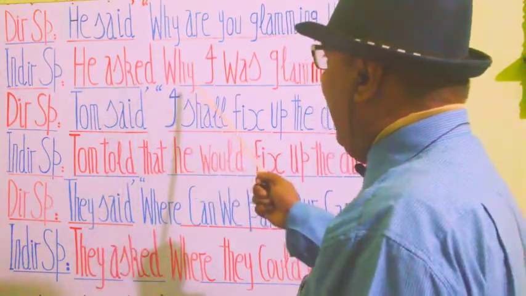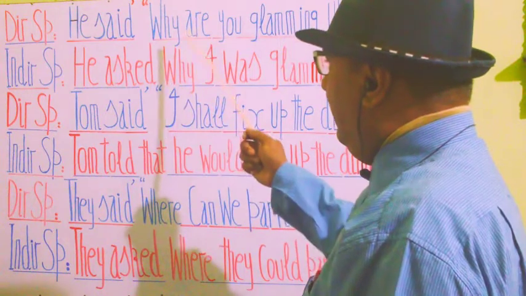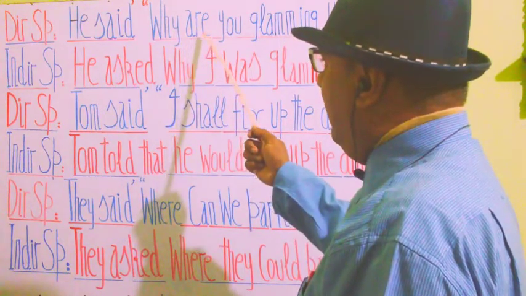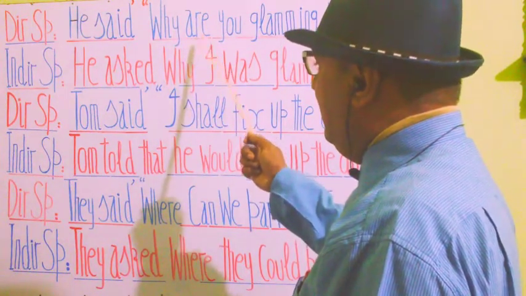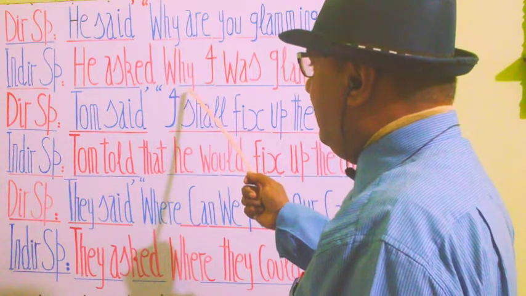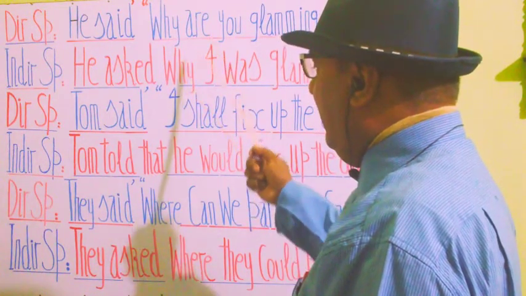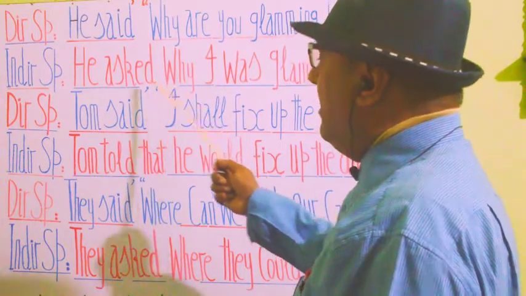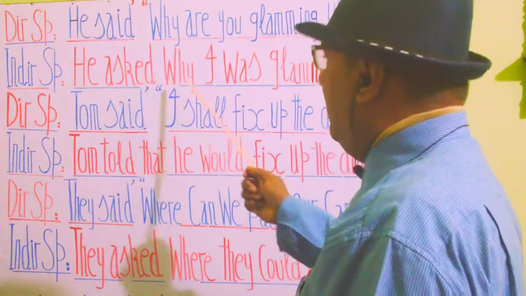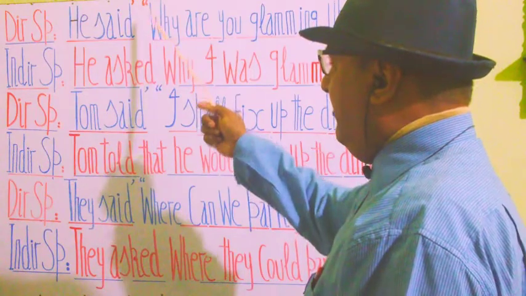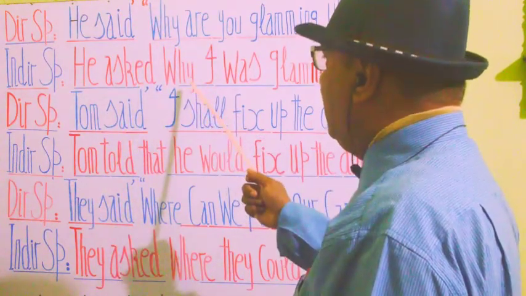He asked why. Now this interrogative phrase will change into the positive, as the rules say that we must change this interrogative into positive when we go into indirect speech.